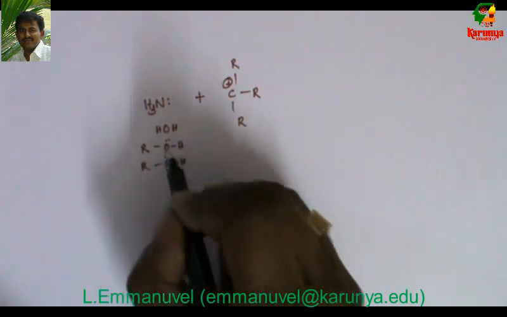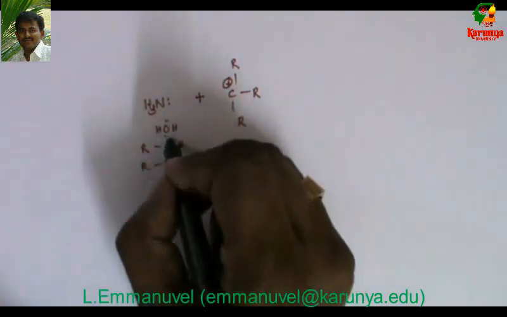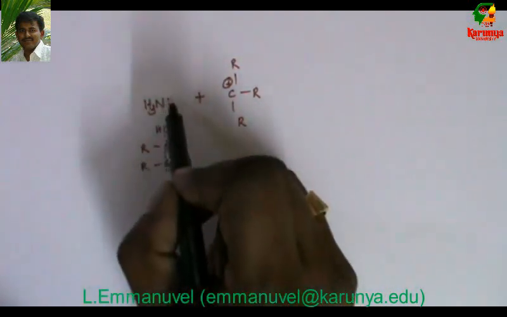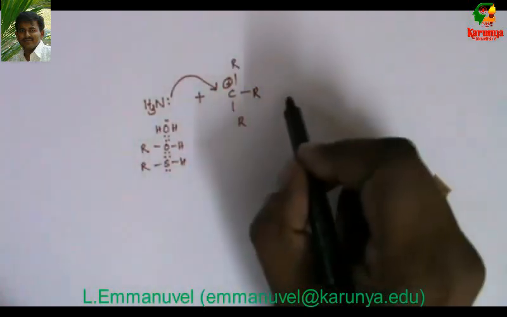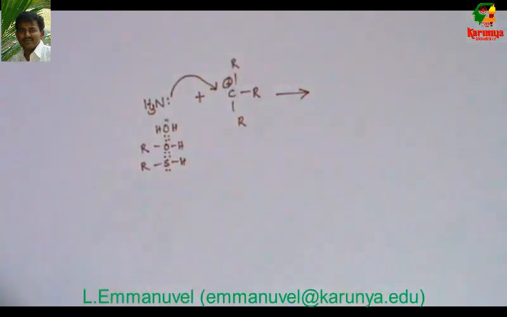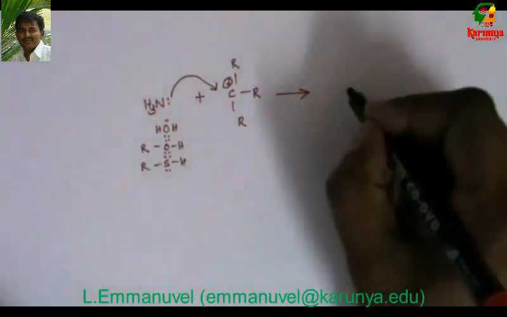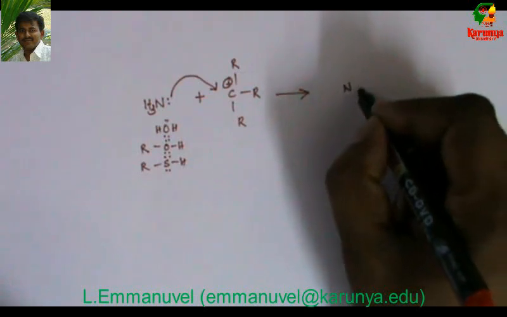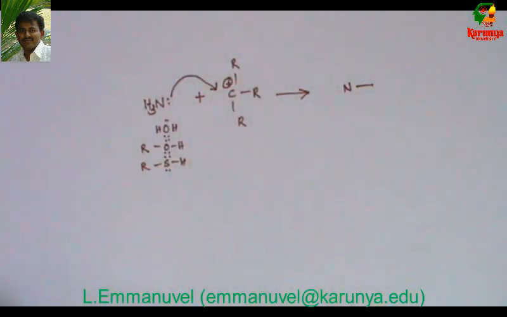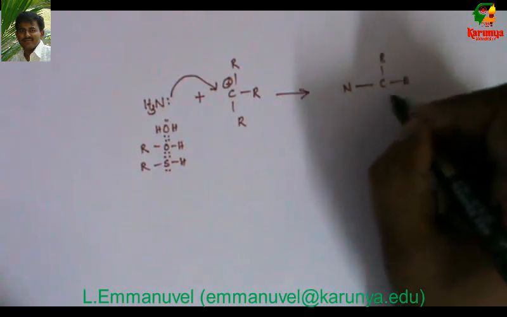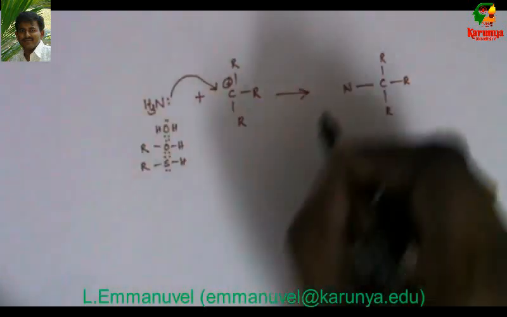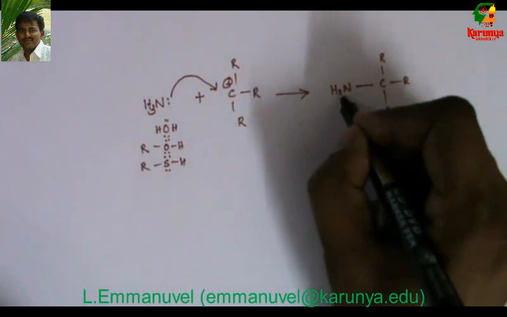All these compounds have a lone pair of electrons. This lone pair of electrons attacks here, and the lone pair is used to form the bond. So what we get is N. This lone pair of electrons has been used to form a bond with this carbon. So what we get is, and here it is H3.